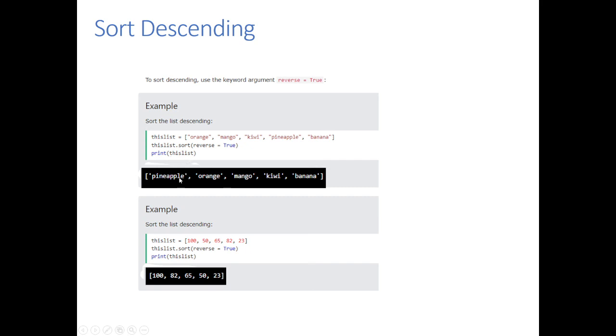If we print this list, it will be sorted in descending order. Now let's sort a list of numbers in descending order: 150, 65, 82, 23. this list.sort(reverse=True). If we print the list, the output will be 150, 82, 65, and 23. It is now sorted in descending order.